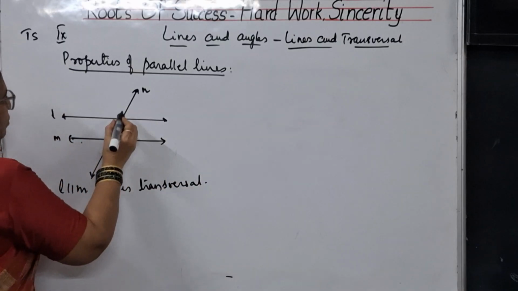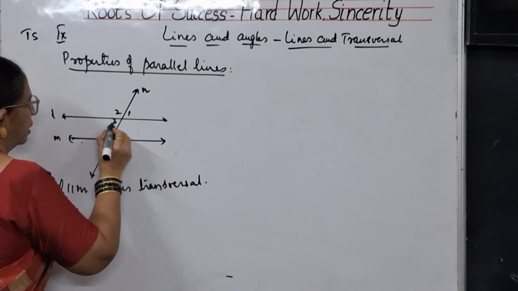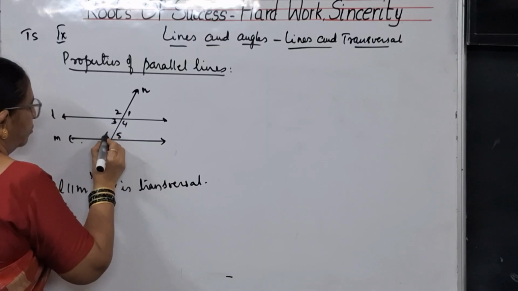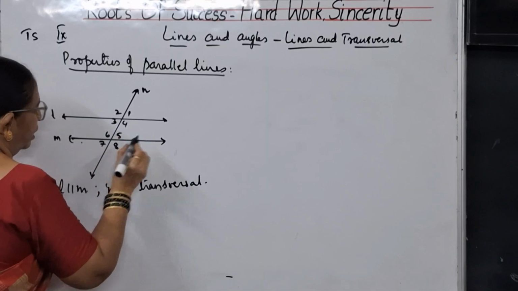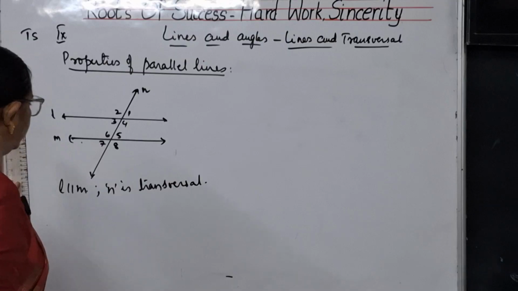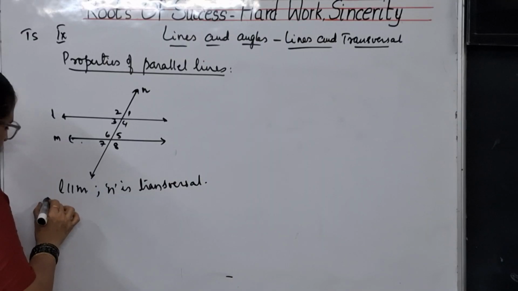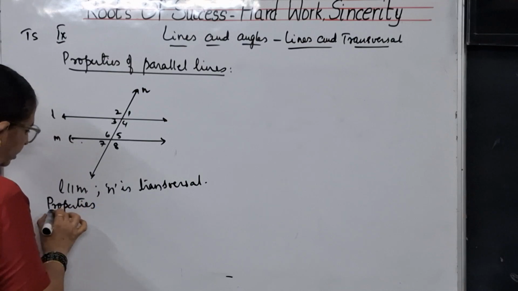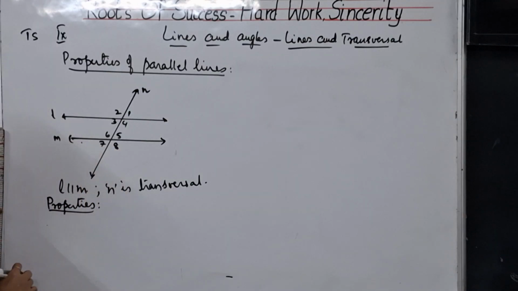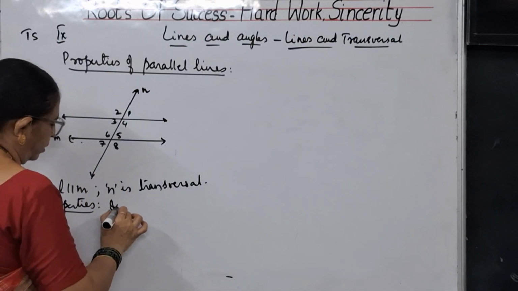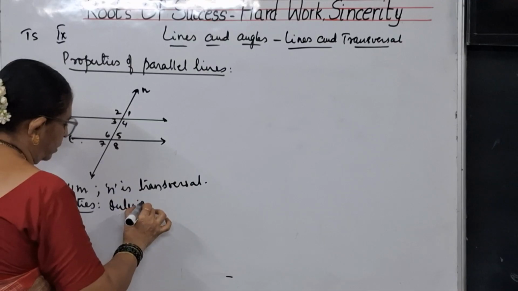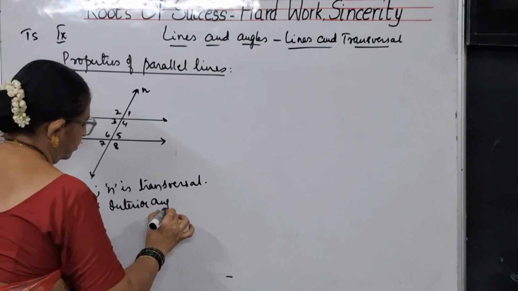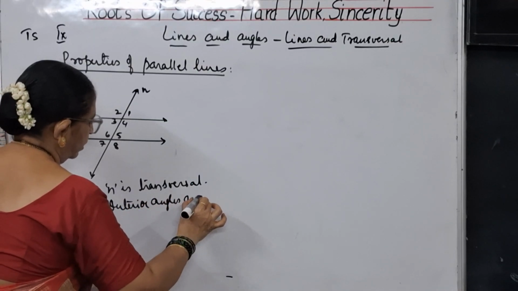So when N is transversal, we have angle 1, angle 2, angle 3, angle 4, angle 5, angle 6, angle 7, angle 8. So let us see what properties we will be getting here. Properties are: interior angles are equal.